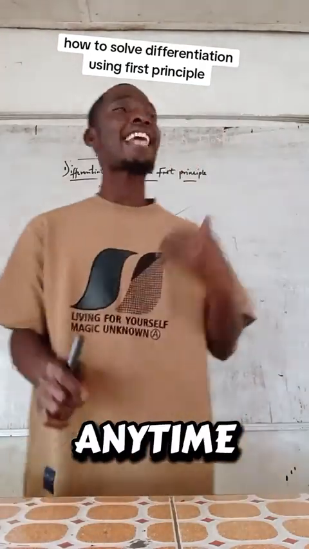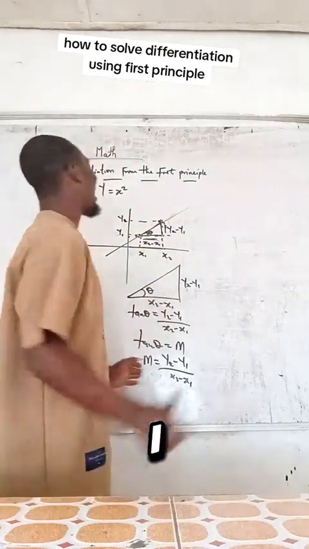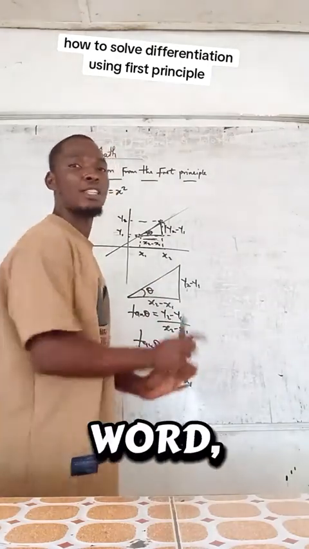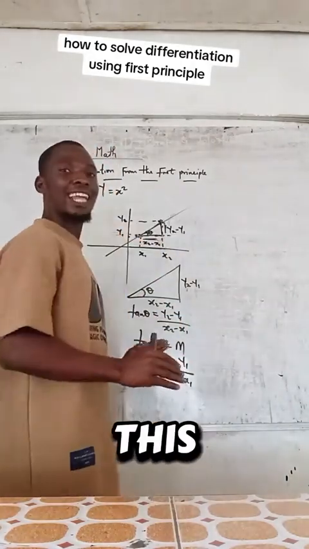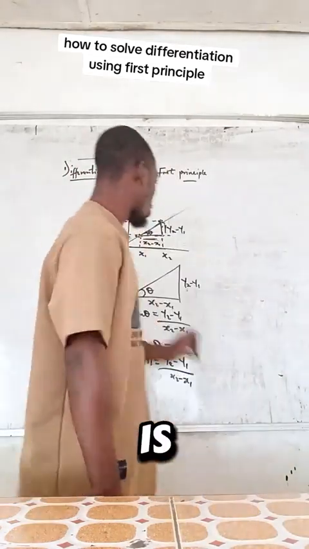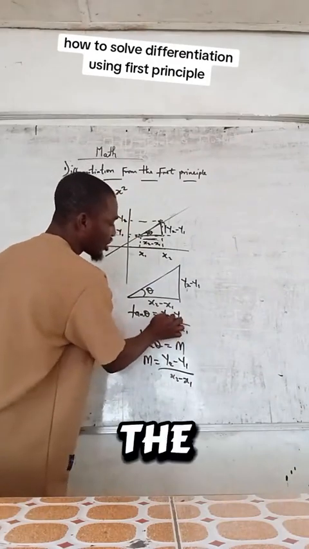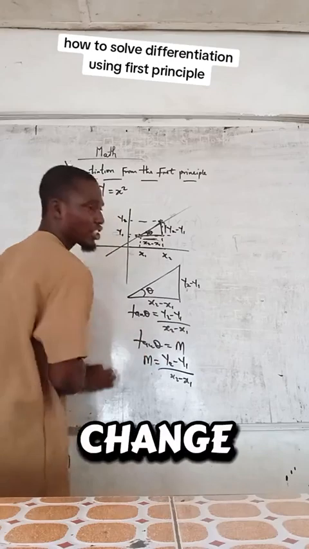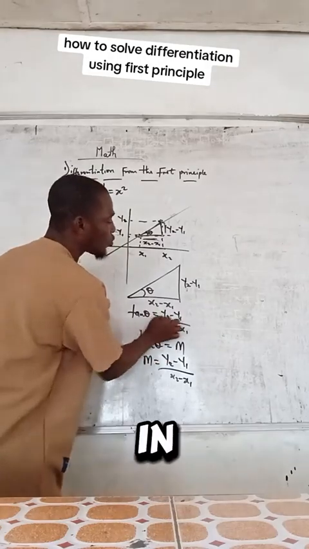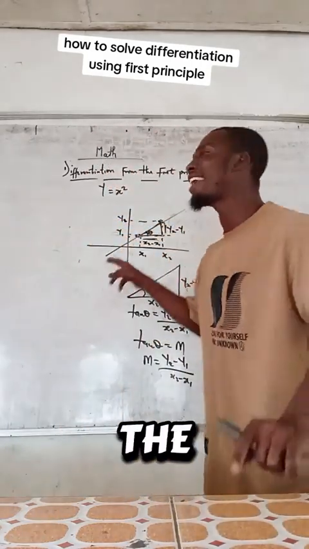So anytime I'm having a line and I'm asked to find the slope, I can pick the points at any part of this line, and I will still have the same answer. So this is the slope. The slope is the change in y and change in x, that is the difference in y and the difference in x.